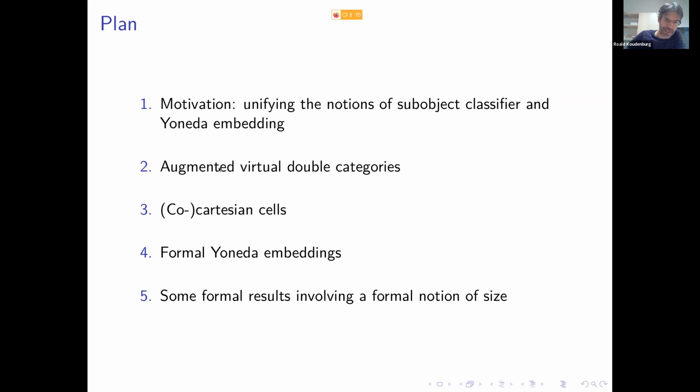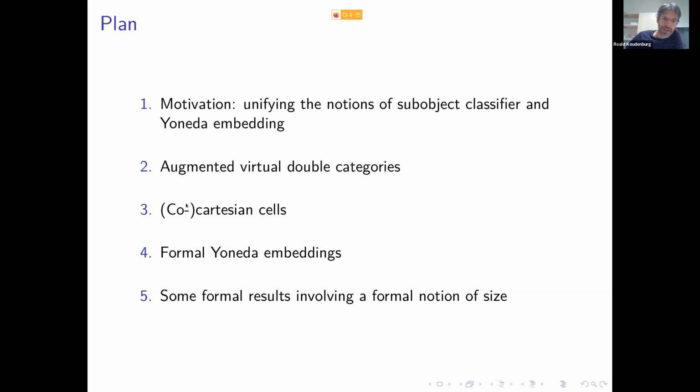So that is that of augmented virtual double category. So that's a double categorical setting in which you don't have composites of horizontal morphisms, and also you don't have horizontal units. So that's what we'll work in.